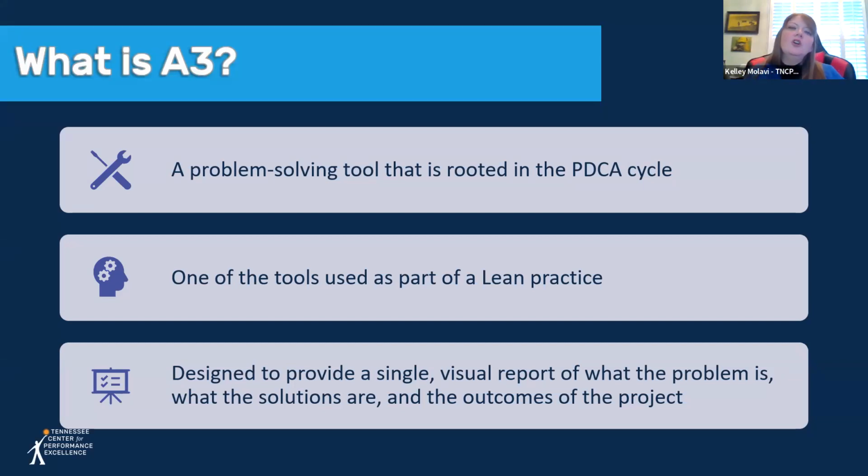And so when we are thinking about giving a tool that's very quick to being understood, as well as quick to relay information to our executive leaders who really should be championing these process improvements, A3 is a great tool to do that because it is a one pager that allows everyone to contribute to and see very quickly what's been going on within the project. So it is one of the tools that you will find under the broader concept of lean.